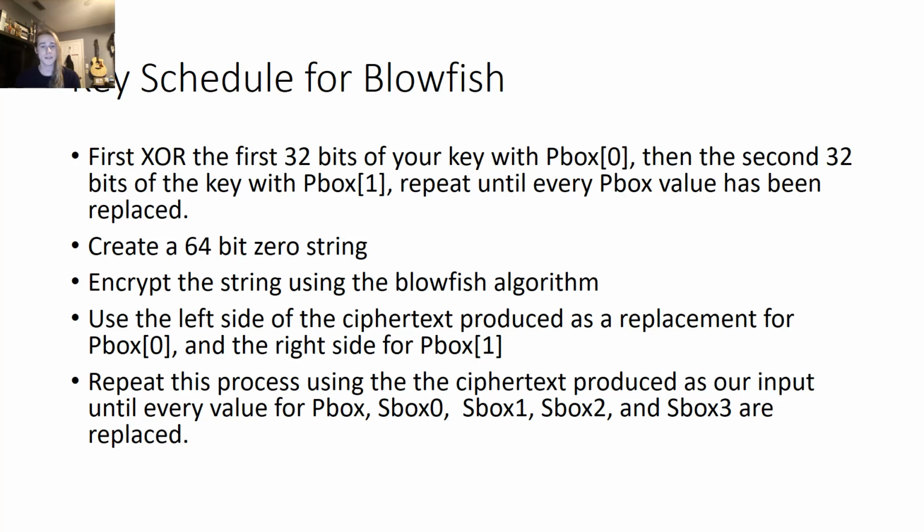You will use the left side of the ciphertext produced from the algorithm as a replacement for pbox 0 and the right side for pbox 1, and you will continue this process until every value of pbox, sbox 0, 1, 2, and 3 are all replaced. This means that if you use the standard 18 values, this will happen approximately 541 times, if I'm not mistaken.